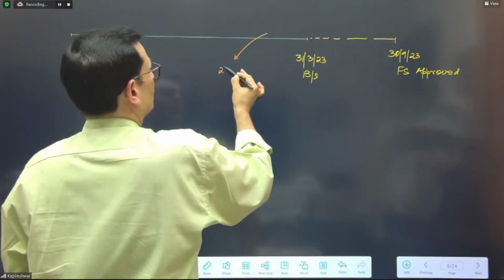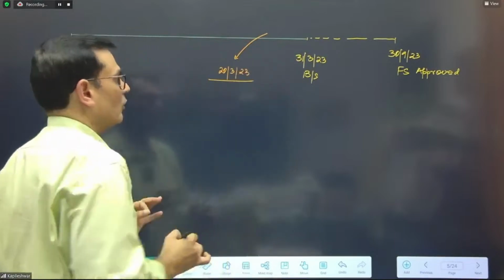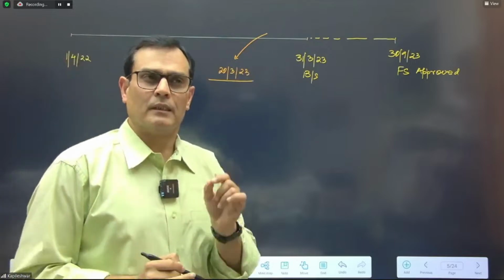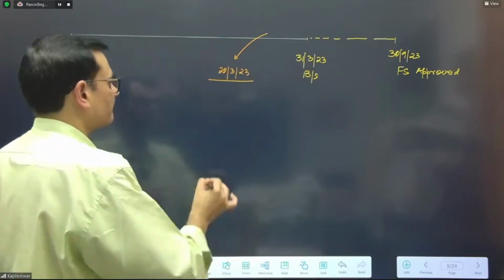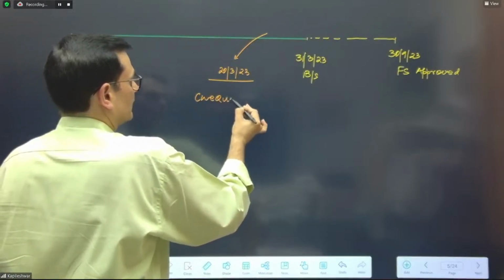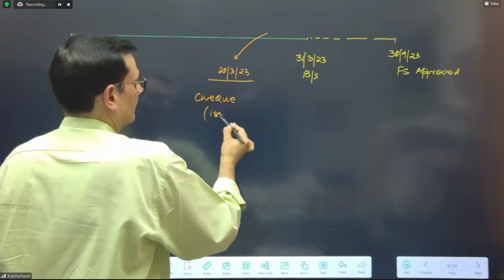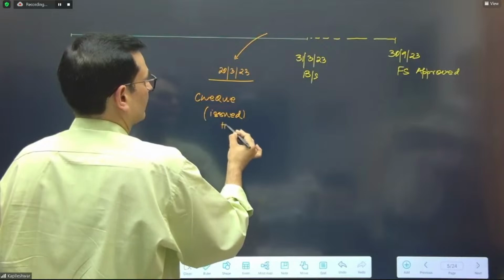Let us say on 20th March 23, the company issued a check to a supplier.